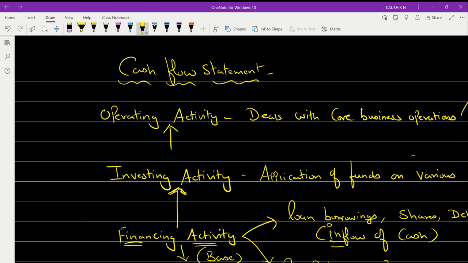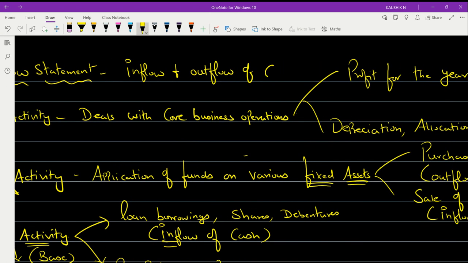This cash flow statement usually deals with inflow and outflow of cash under three different activities. Is it clear to you?